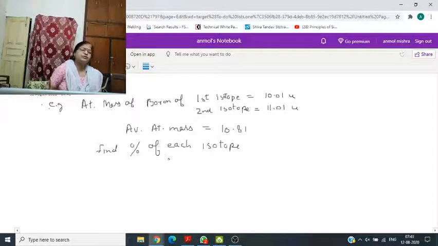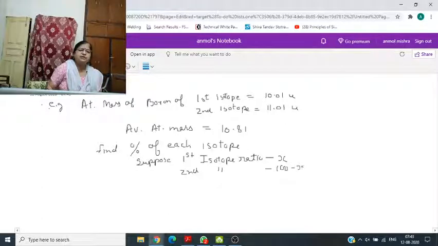So we will assume that the percentage of the first isotope is x, so the second will be 100 minus x. We have to calculate the percentage, so that is why it is 100 minus x.